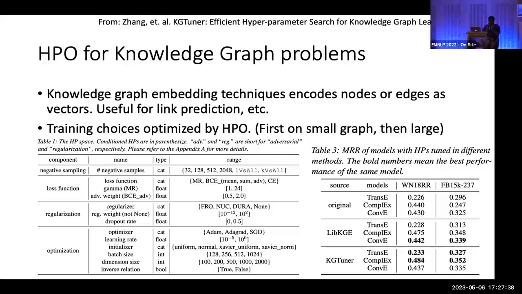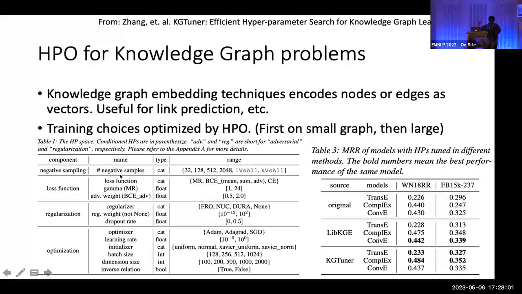So these are things like I have a graph and the nodes and edges are being embedded as vectors, and they could be used for various applications like knowledge-based completion or link prediction. Now, there are apparently many hyperparameters you can think of when you're doing this.